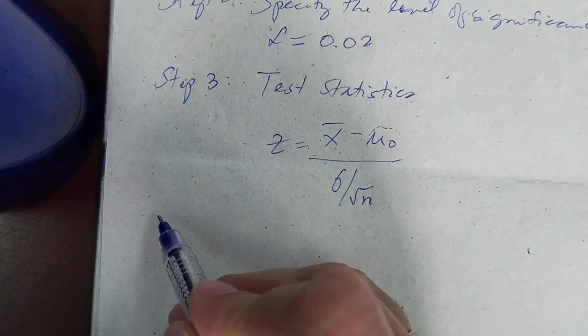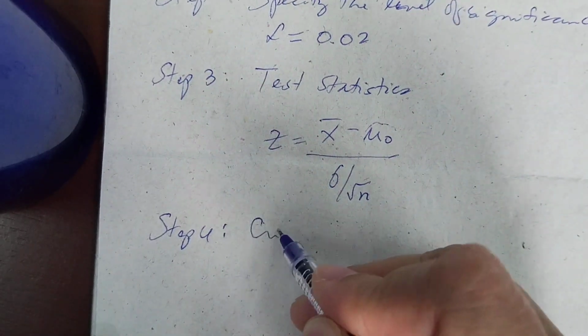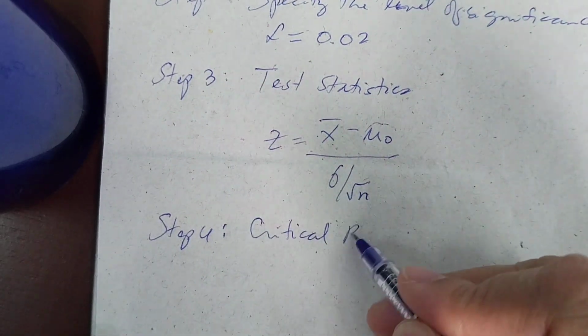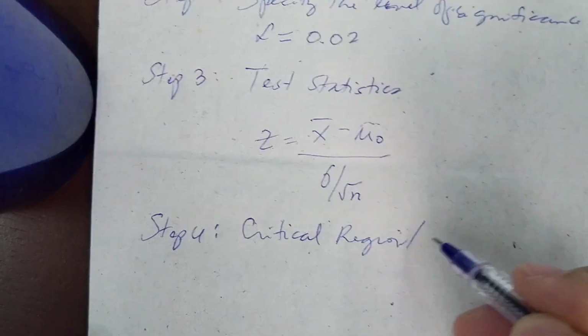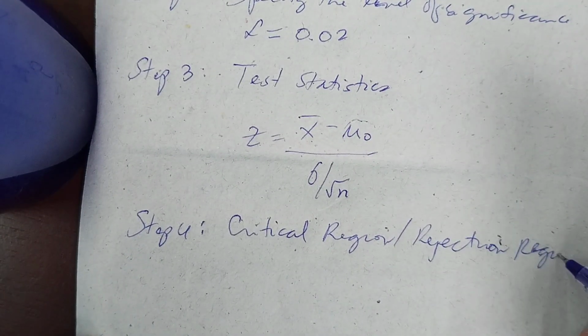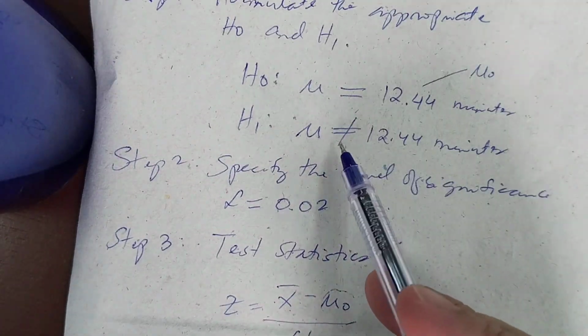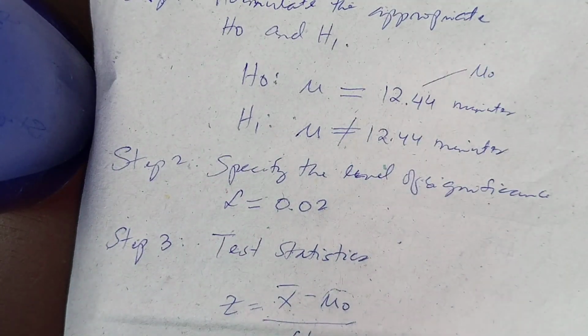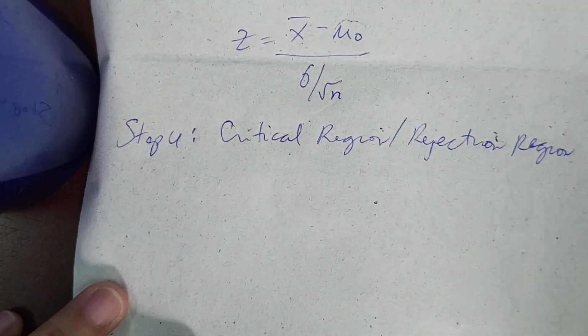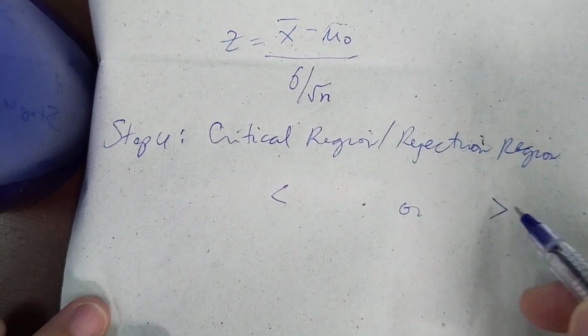Okay, let's have step 4. In step 4, you are to determine or establish your critical region. Critical region is also called rejection region. If you recall, your H1 is not equal. So, our critical region is either less than or greater than.